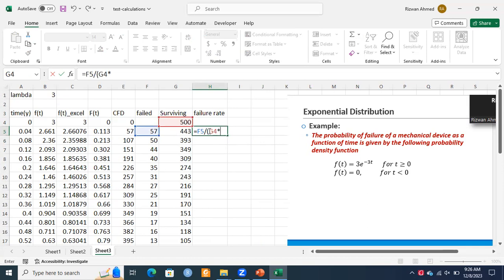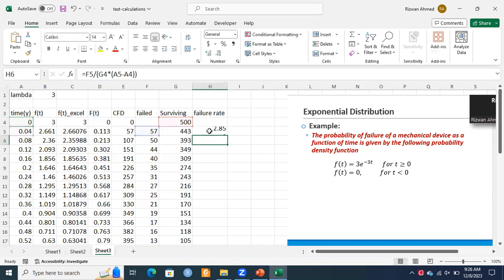In this problem we have considered equal time intervals, but you may have the interval changed. So I write the general expression. What was the time interval? So minus 0. Wow. The number is 2.85.